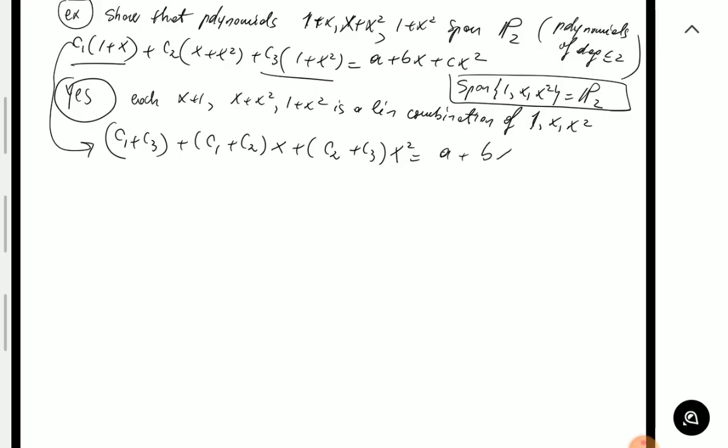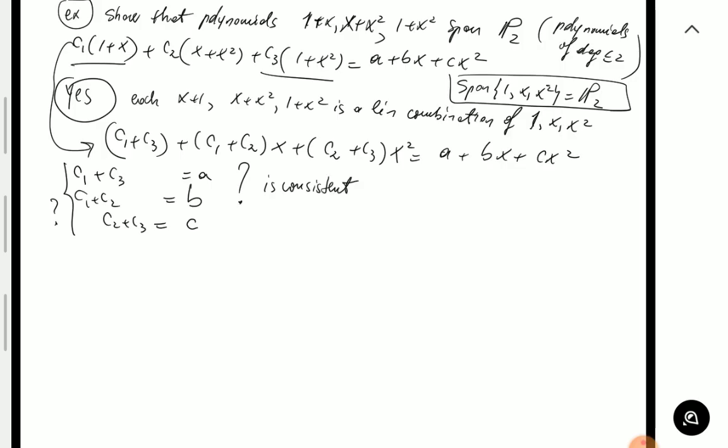So to say that this can represent any other polynomial is to ask whether the system that equates these coefficients, left and right, C1 plus C3 equals A, C1 plus C2 equals B, C2 plus C3 equals C, is consistent, whether you can always solve it for C1, C2, C3.